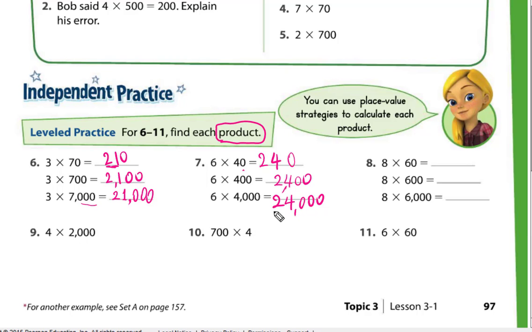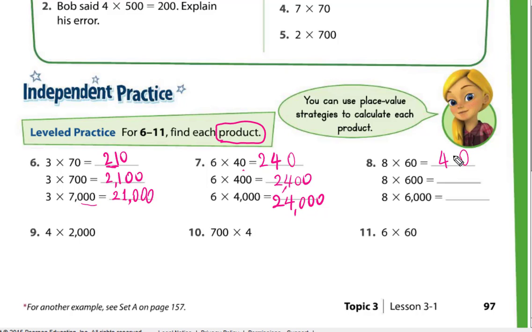Abdullah Al-Utaibi. Yes, Abdullah. 8 times 60. 8 times 6 is 48.